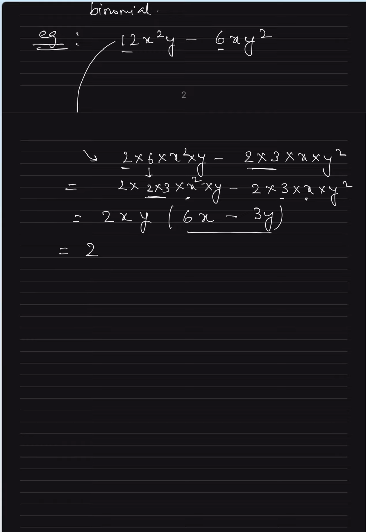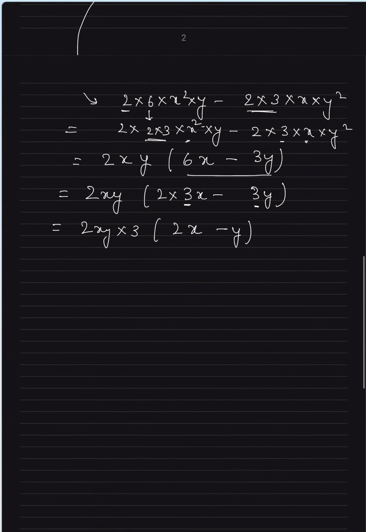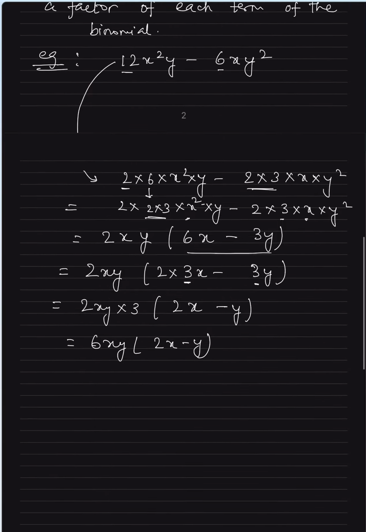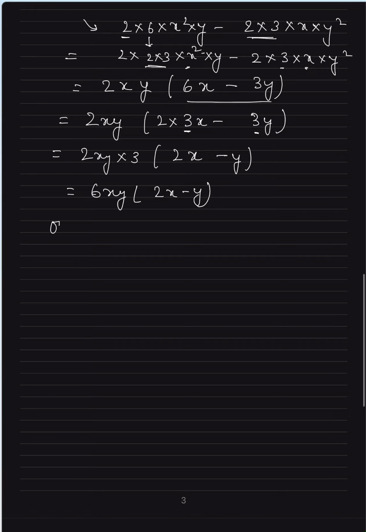Let me take 2xy into 3x minus 3y. What can I take out? 3. So 2xy into 3, and we will get 2x minus y. So this is nothing but 6xy into 2x minus y.